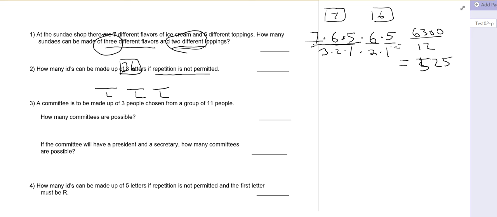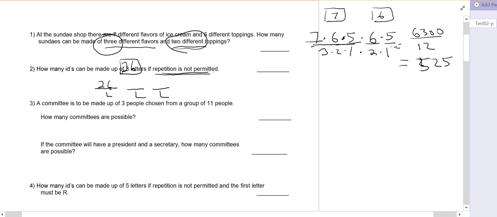So there are 26 different letters. I start to select, step 3. When I start picking, can I put something back? Repetition is not permitted. So in other words, the letters have to be different. So my number is going to be going down, 25, 24. Do the math, you get 15,600, right?